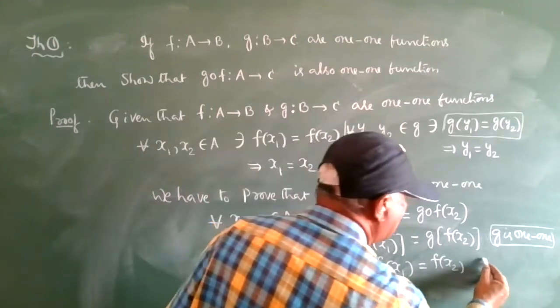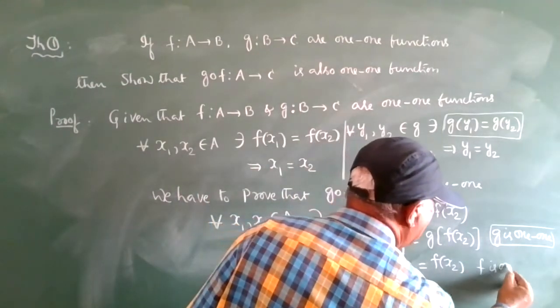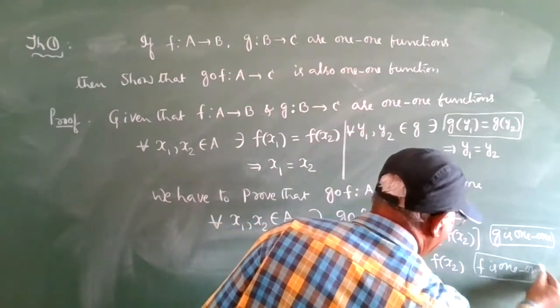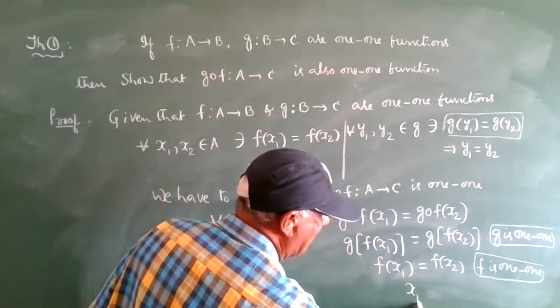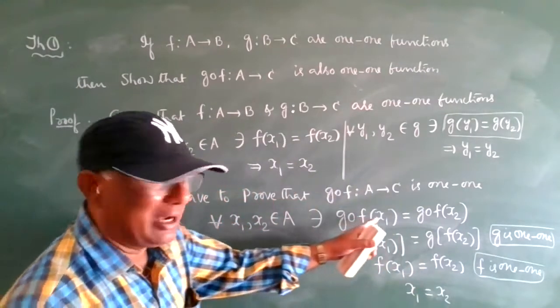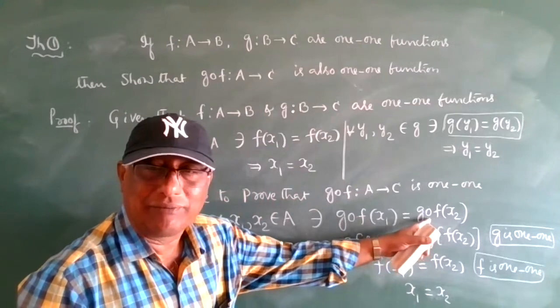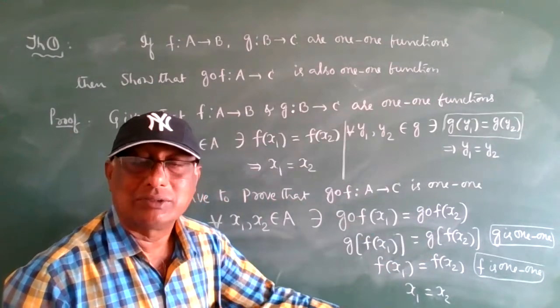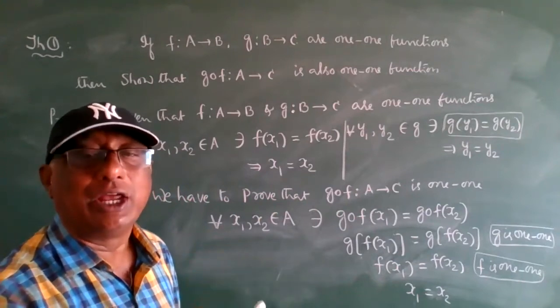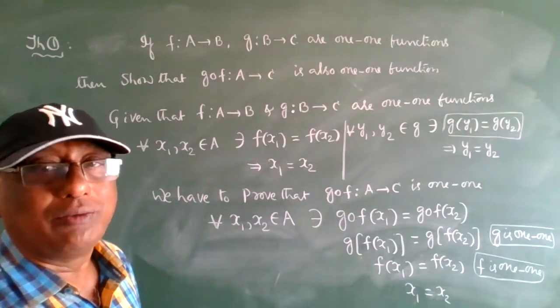Immediately, f is one-one. f is one-one means if the images are equal, x1 is equal to x2. We start from g circle f at x1 and g circle f at x2, and we show that x1 is equal to x2. Therefore, g circle f from A to C is a one-one function.